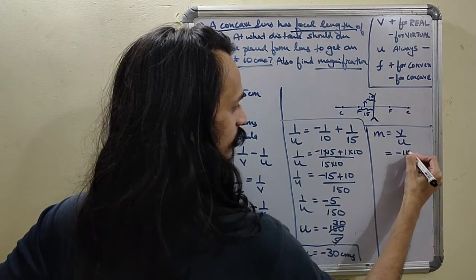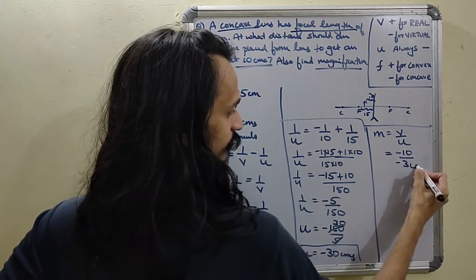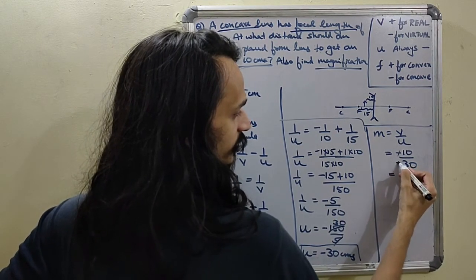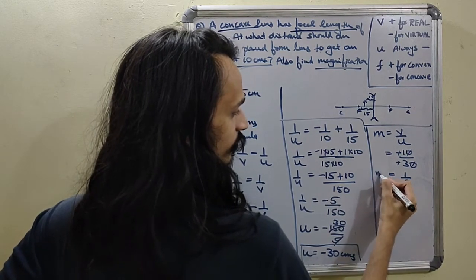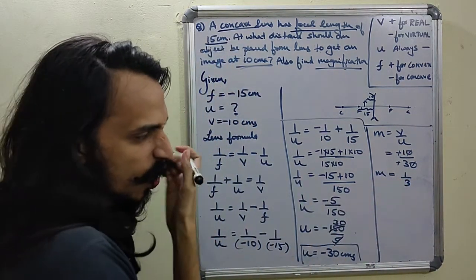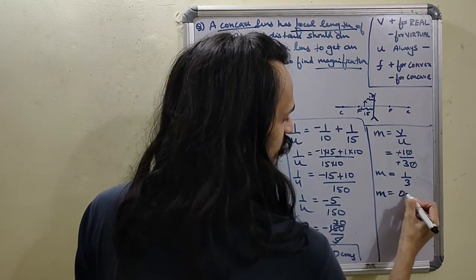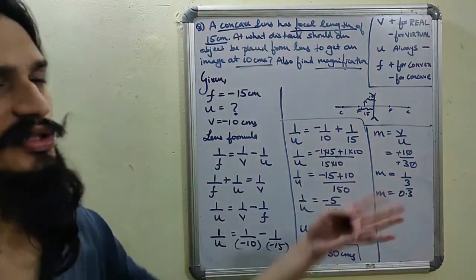Minus 10 divided by minus 30 equals, minus and minus cancel, 0 and 0 cancel, which is 1 by 3. So m equals 1 by 3, or I can write it as 0.33 recurring.